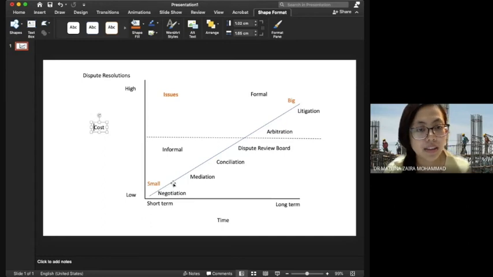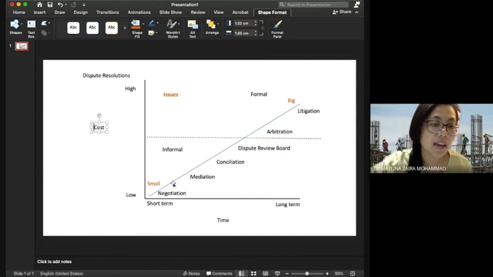The conciliator has to go to each party without meeting them together. They go and listen to the problem of the first party, the client, what the issue is, and then listen to the contractor side, what the issue is, and then try to solve it.